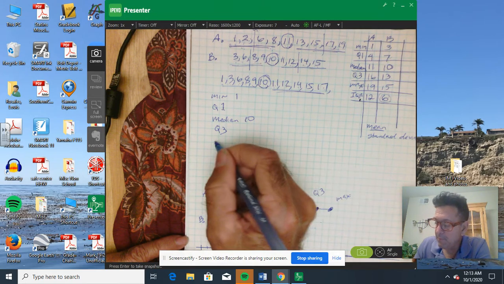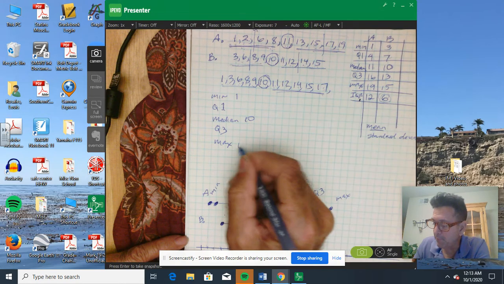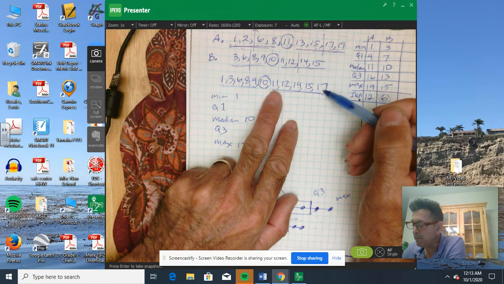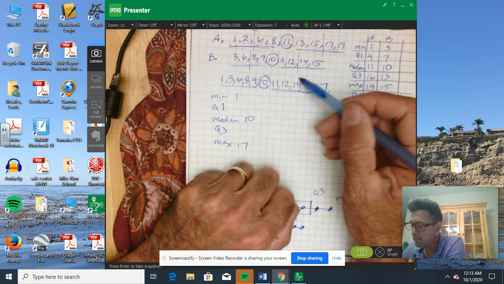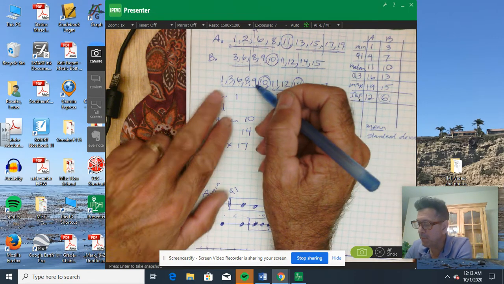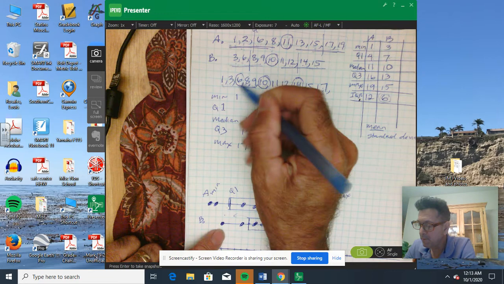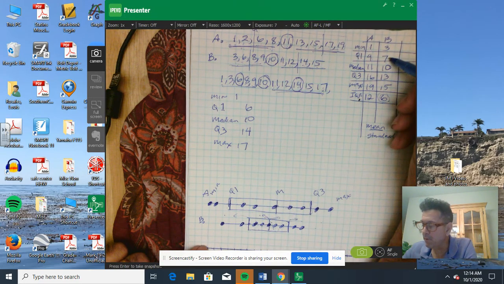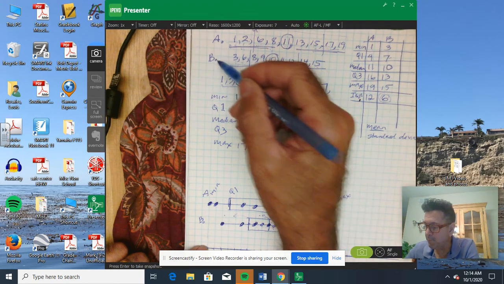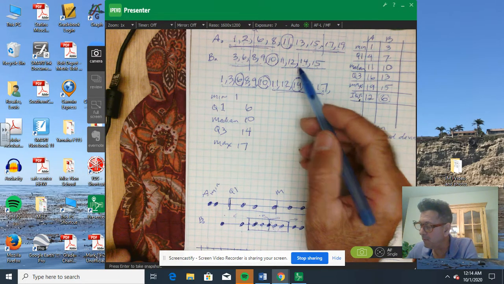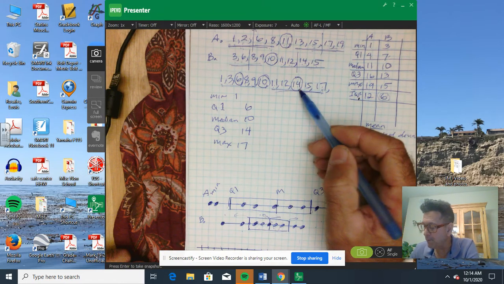And then Q3, the maximum is now 17. And now we look at the middle numbers here. So 14 will be Q3. And 6 will be here. Now notice before, for B, it was at 7, now moved to 6. It was at, what was it before, 13, now it's 14.